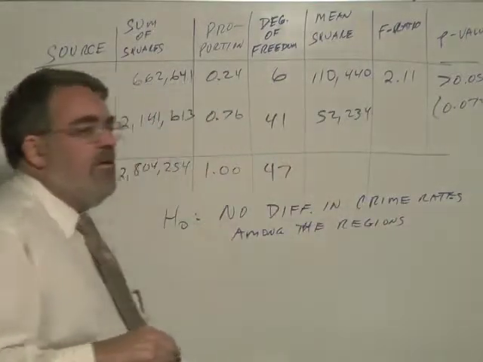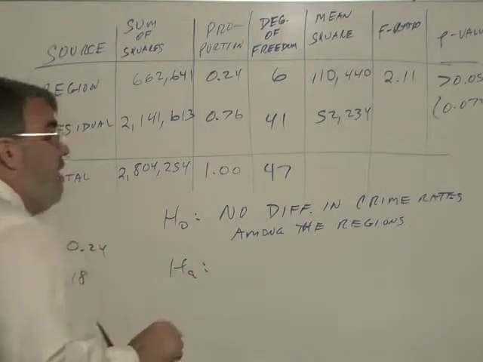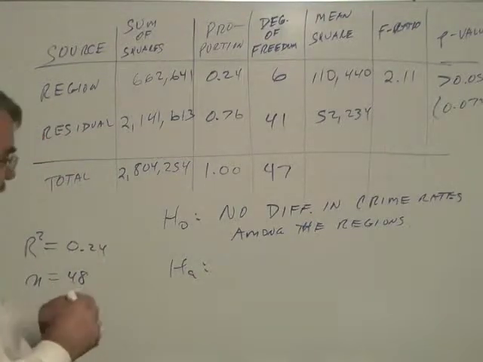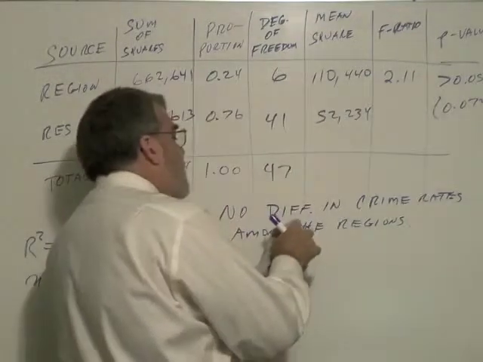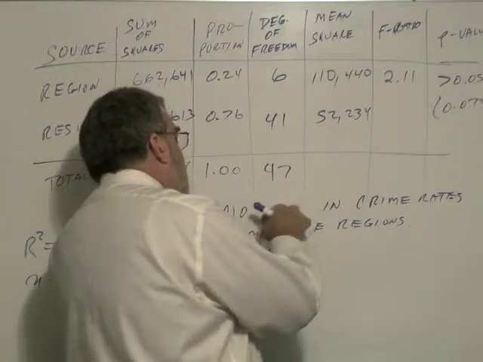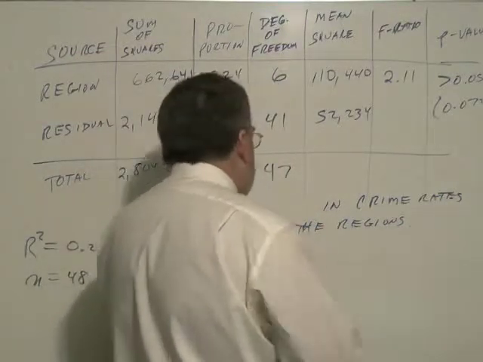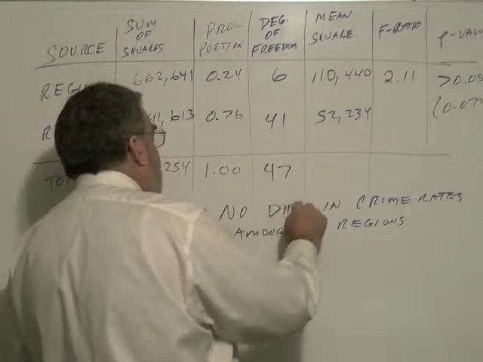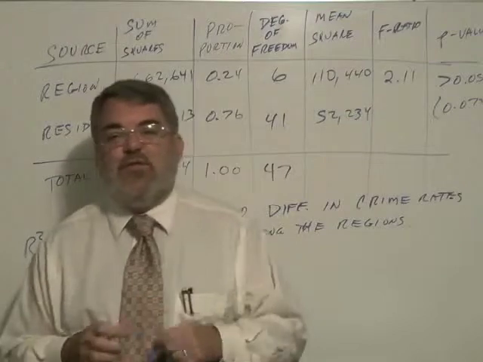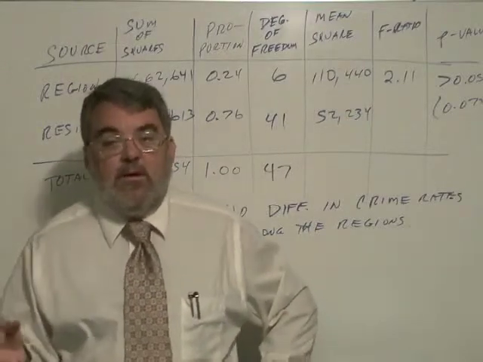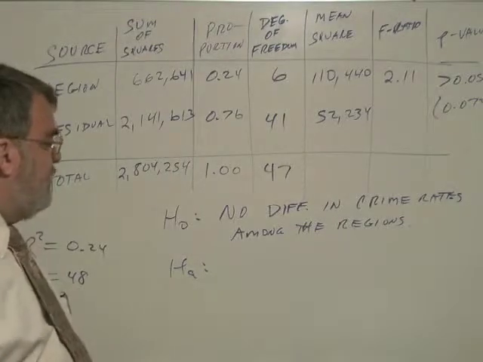Maybe difference may not be the best word here. Maybe I should say relationship. Well, let me keep no difference here. Probably another way to state this is that there's no relationship between the region of the country and the violent crime rates. No relationship between those two.